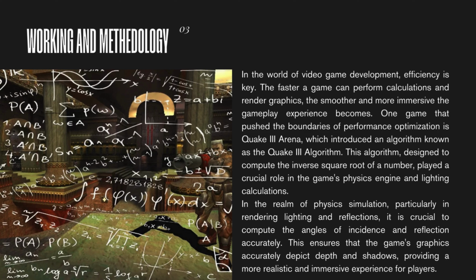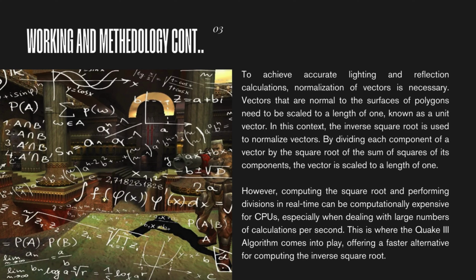This algorithm, designed to compute the inverse square root of a number, played a crucial role in the game's physics engine and lighting calculations. In the realm of physics simulation, in order to achieve accurate lighting and reflection calculations, normalization of vectors is necessary. This ensures that the game's graphics accurately depict depth and shadows, providing a more realistic and immersive experience for players.